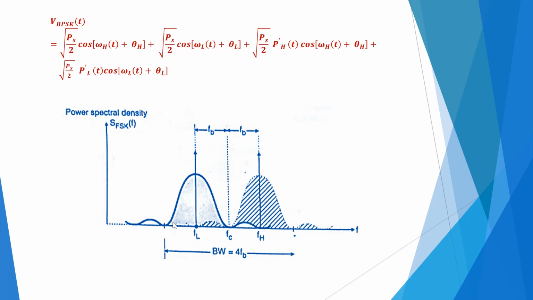Similarly for the low signal, we can find the bipolar variables P'H(t) and P'L(t). These are bipolar variables for you.